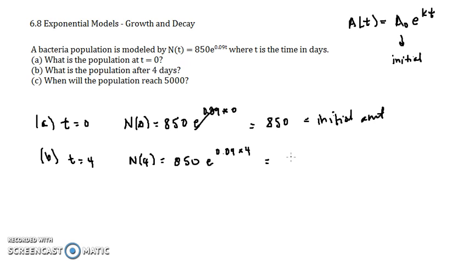Now when you put this in, it's probably going to look like 850 times, you've got to find that e button. It's the shift of the LN button. If you have one calculator, it's going to pop up a thing like this, and that's your exponent. If you have the other calculator, it's going to pop up a little box right here, and you type in the exponent.